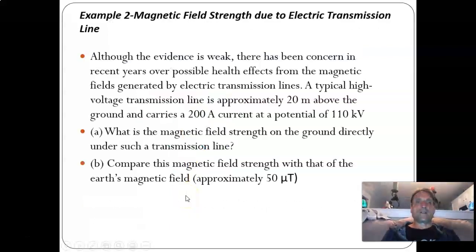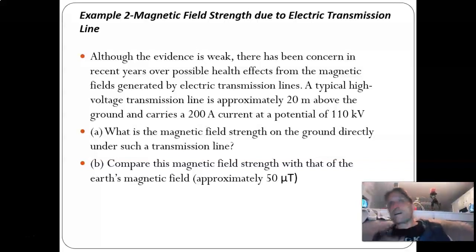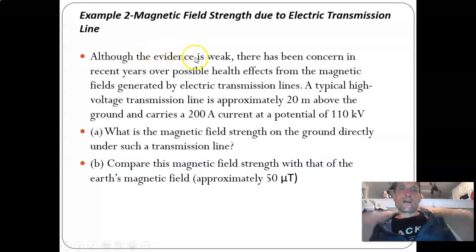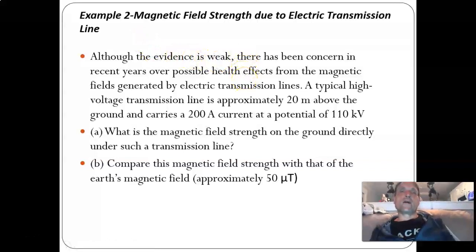As a final example, let's do an example of calculating the magnetic field strength due to a long wire. And in particular, let's calculate the field strength due to electric transmission lines. Okay, these lines, the power lines that carry electricity to your home. Although the evidence is weak, there's been concern in recent years over the possible health effects of magnetic fields generated by electric transmission lines, the power lines, okay?